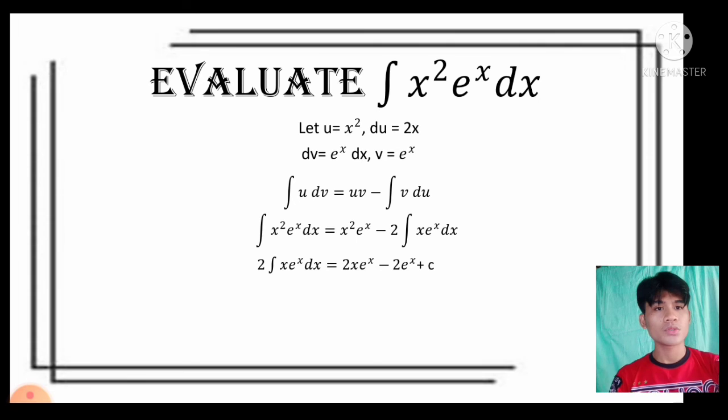We set aside the 2, so we come up with 2 times the integral of x e^x dx is equal to 2x e^x minus 2 e^x plus c, and that would be equal to x squared e^x minus 2x e^x plus 2 e^x plus c.